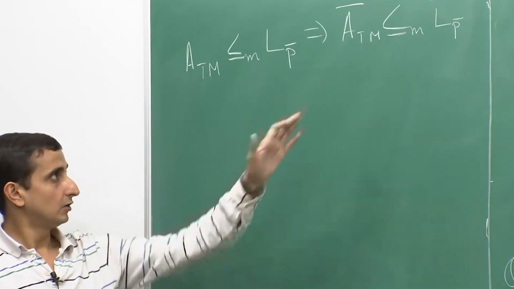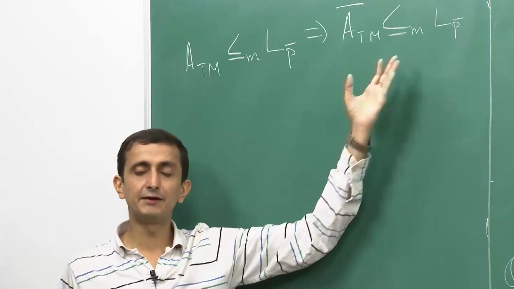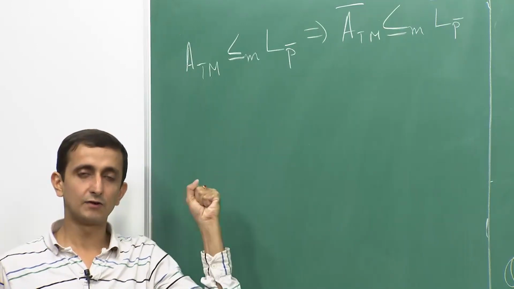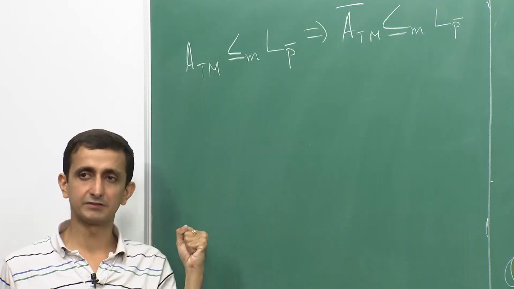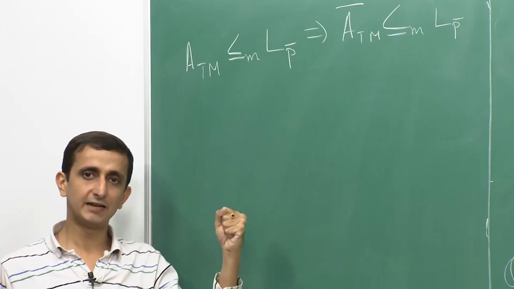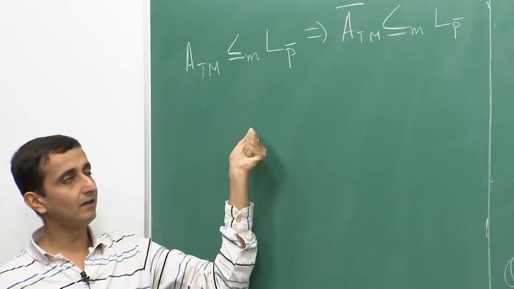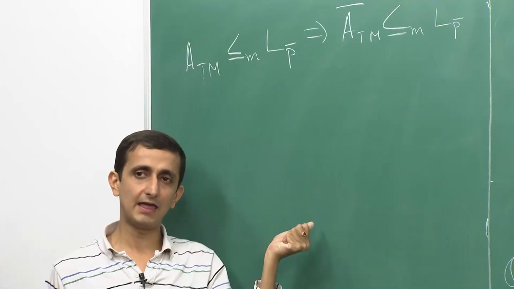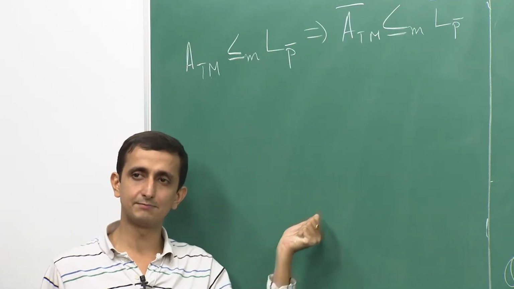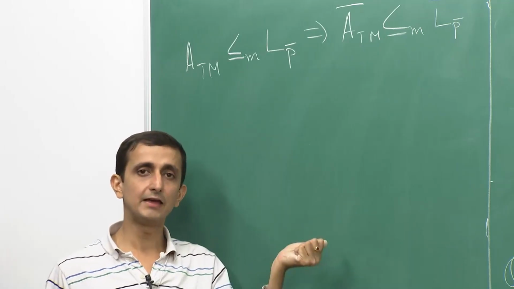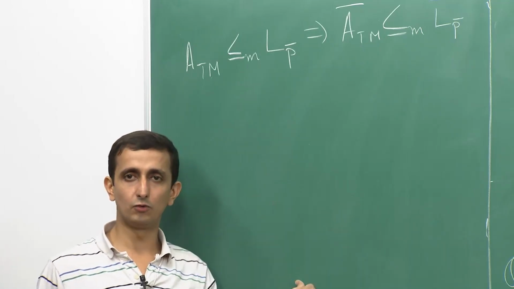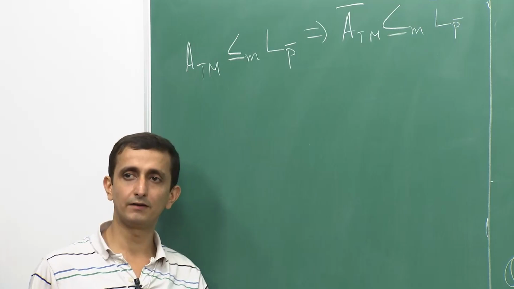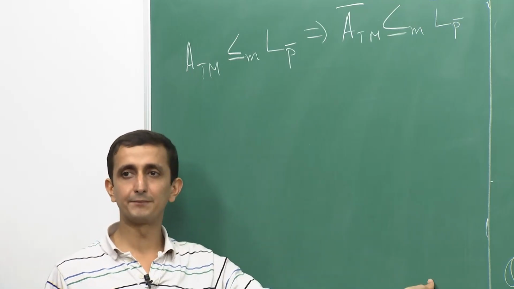So, this actually again follows from the definition of reduction. Recall the definition of reduction. How did we define it? We said that a language L reduces to a language L prime if every x that belongs to L is mapped to L prime, and every x that does not belong to L, that is which belongs to L complement, is mapped to L prime complement.